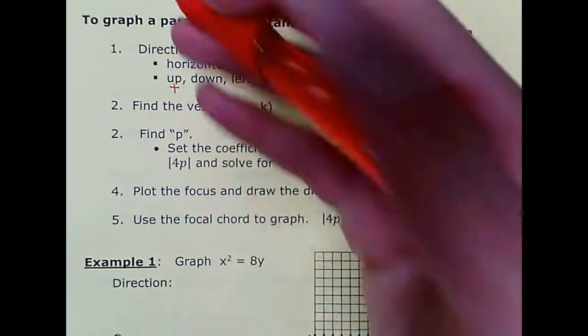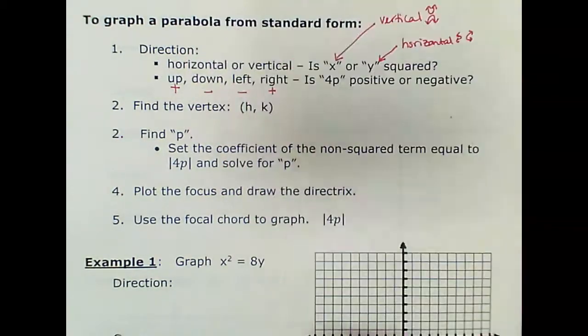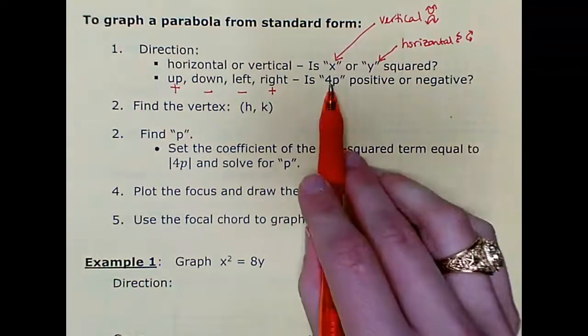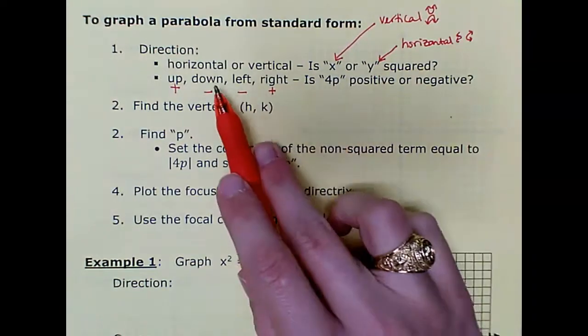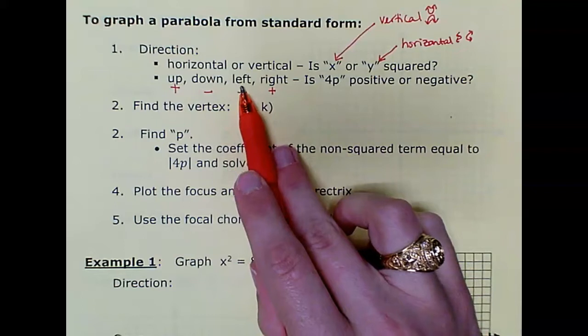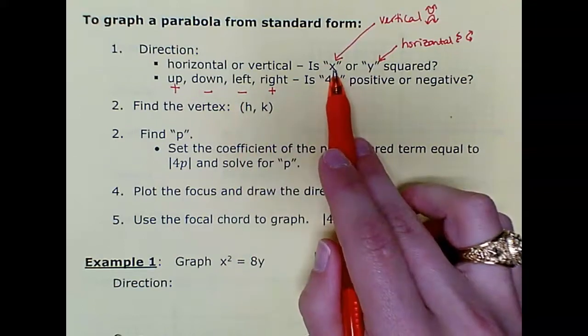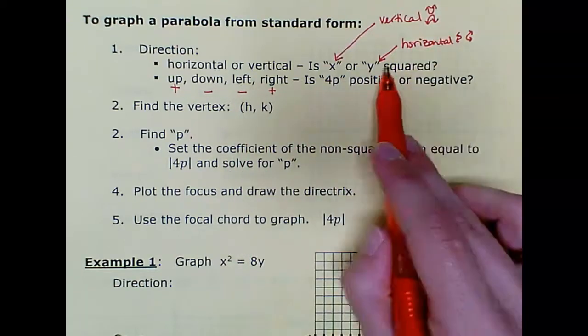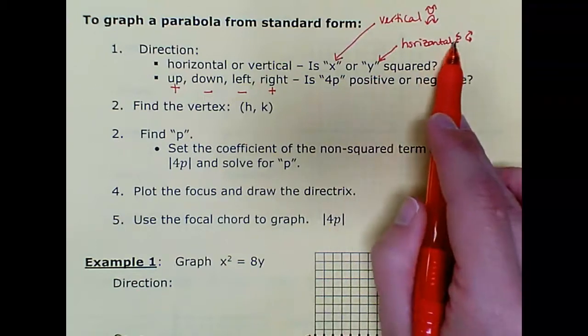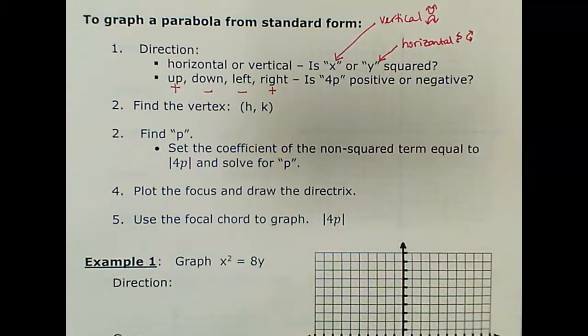Down and left typically go along with negative values. Again, if you have a negative 4p, you're either opening down or left. You just have to determine which one. So if x is being squared, you're opening down. If y is being squared, you're opening to the left. So you have to determine how you're opening the parabola.